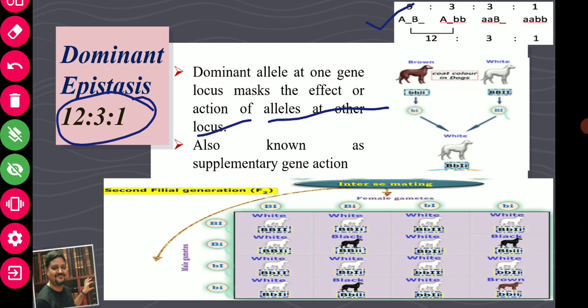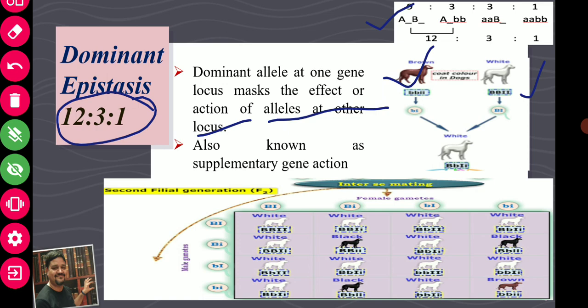So here the example is coat color in dogs. You can see the B locus and I locus, two loci, are discussed. Small b, small i is brown color, and capital B, capital I is white color. That means I is an inhibitory gene.